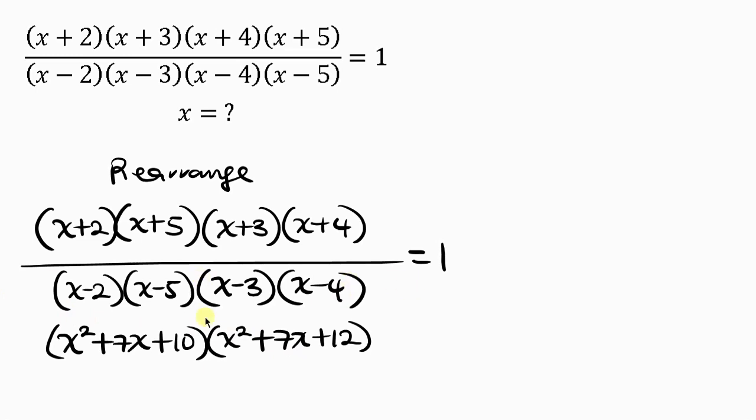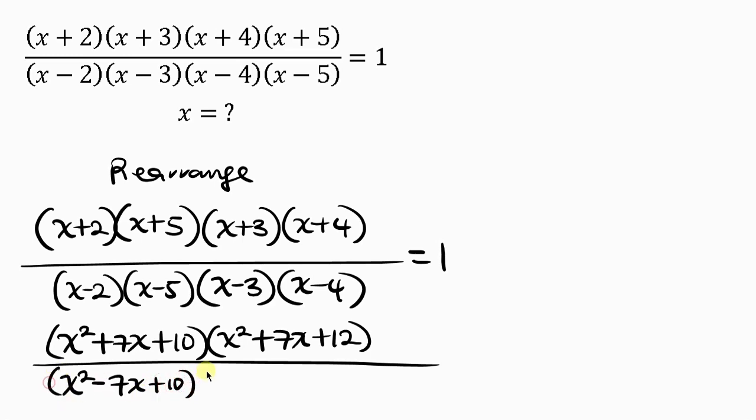Now let's do the denominator. All over. For the denominator, x times x, that's x squared. Now minus 2 plus minus 5, that's minus 7x. Now minus 2 times minus 5 is plus 10. Times, now what I have here, x times x, that's x squared.